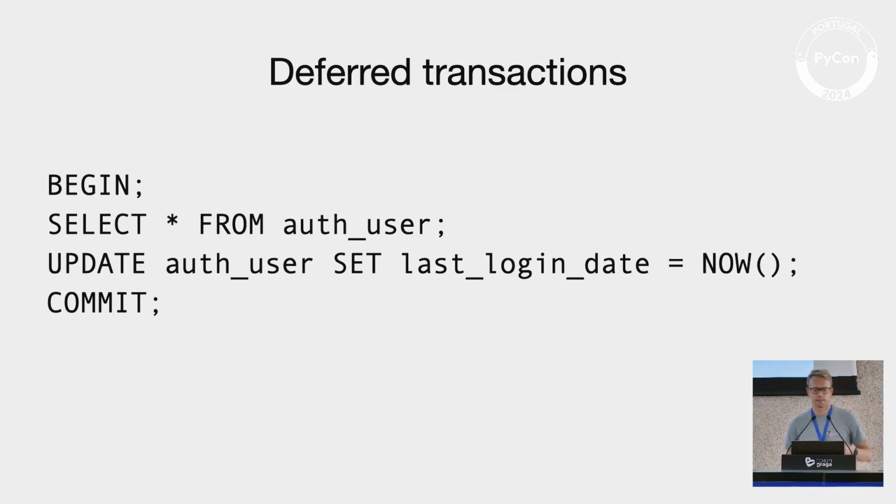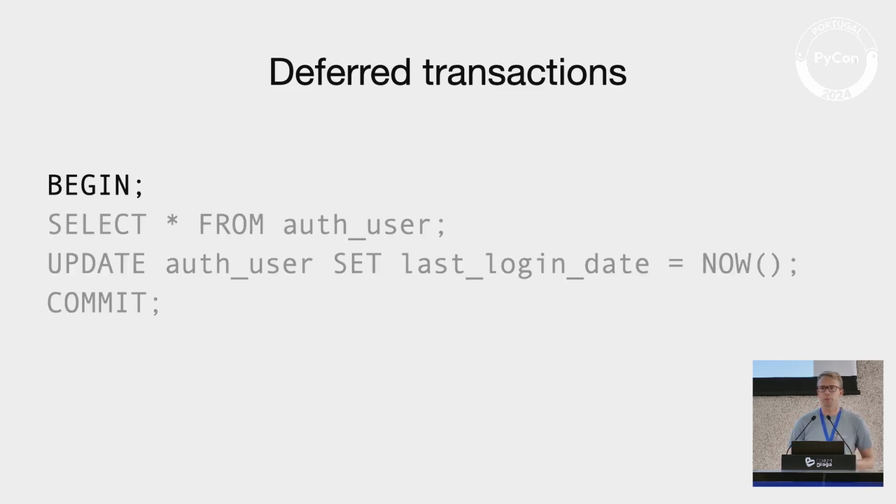And to see that, I can quickly demonstrate how SQLite does this. SQLite uses deferred transactions, which means that it's going to try to defer acquiring the lock as long as possible. So we start with the begin. SQLite doesn't really need the write lock at this point, so it's just going to acquire a read lock.